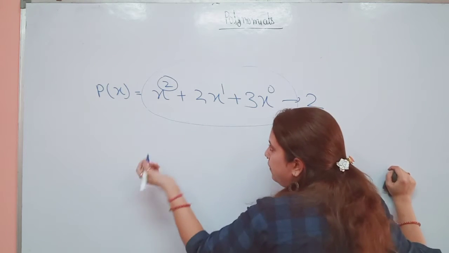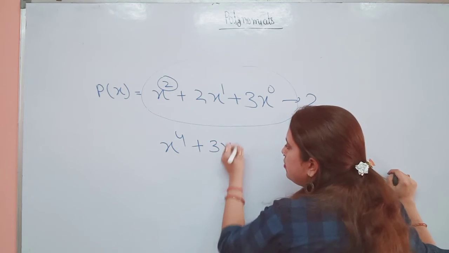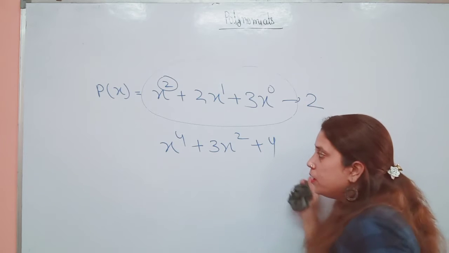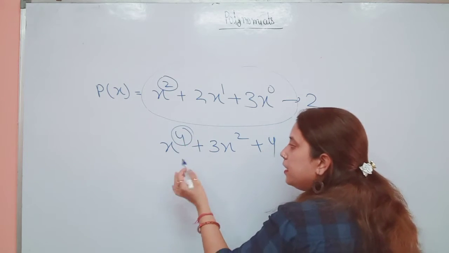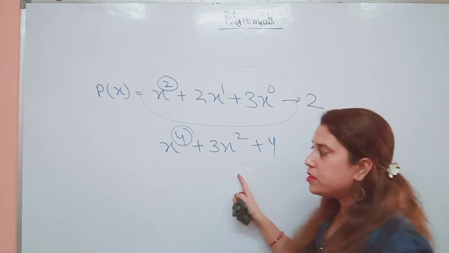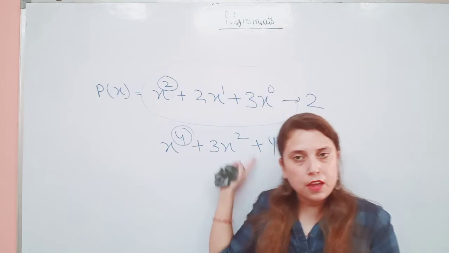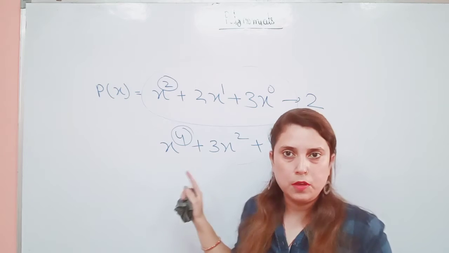And suppose we have another example, x raised to the power 4 plus 3x square plus 4. So the degree of this polynomial is 4. Again I am saying, the highest degree of the expression is the degree of the polynomial. Okay beta?